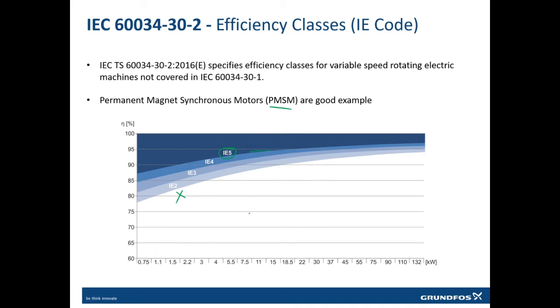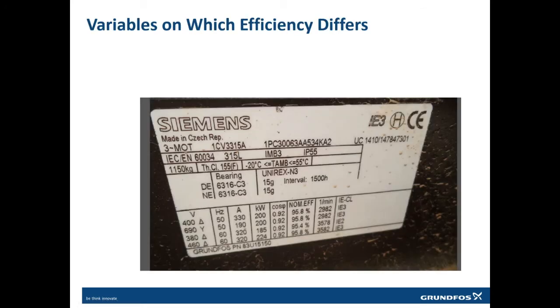If your motor is, for example, 15 kilowatt, and you are above 94, that means you are IE5. So this is how efficiency limits are defined by IEC 60034 30-2.